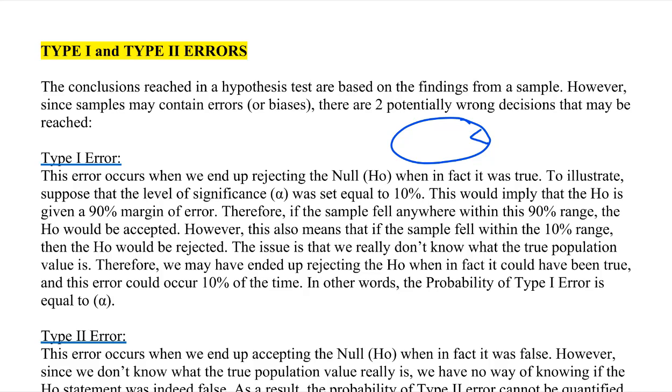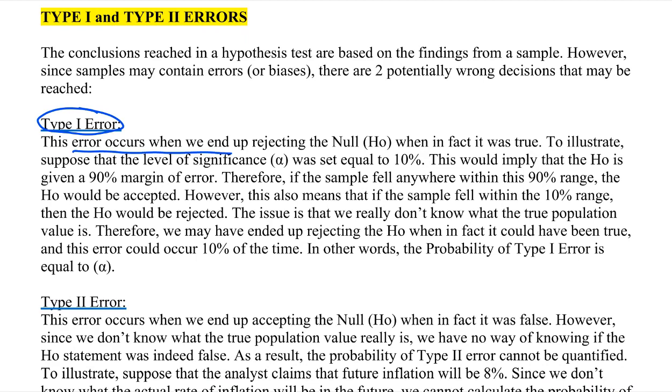So what kind of errors can you make when you're only using a sample in order to draw an inference about the entire population? The first error is referred to as a type 1 error. And this error occurs when we end up rejecting the null when in fact it was true. So first of all, you could see that this is an error, even if you don't know anything about hypothesis tests.